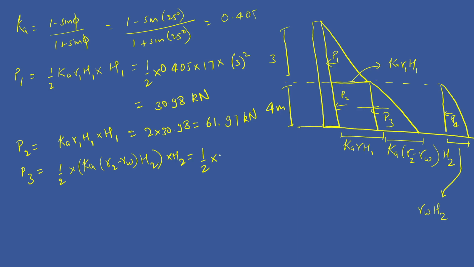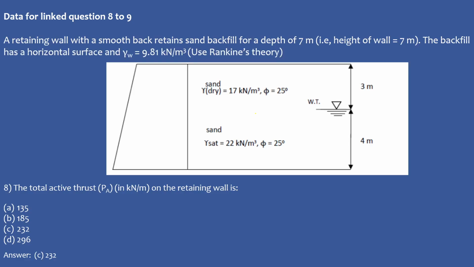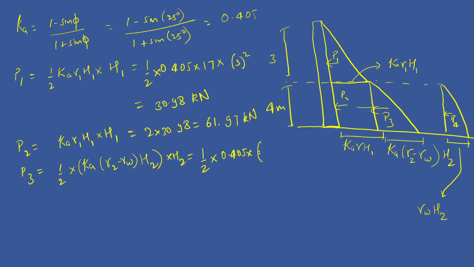So that is half into K, which is 0.405, and gamma 2 is 22 minus 9.81, into H2, which is 4, into 4. So 0.5 into 0.405 into 22 minus 9.81 into 16.